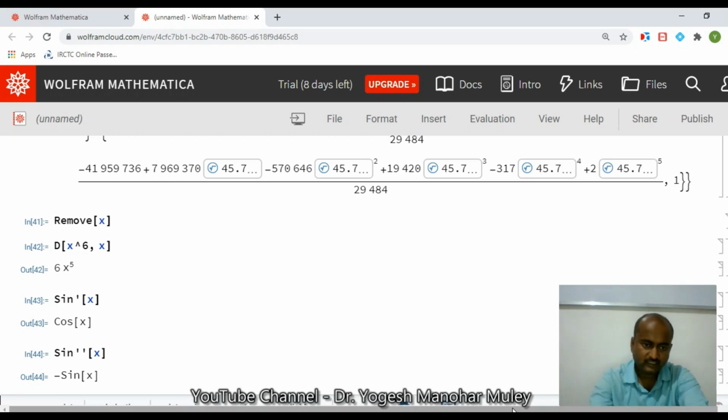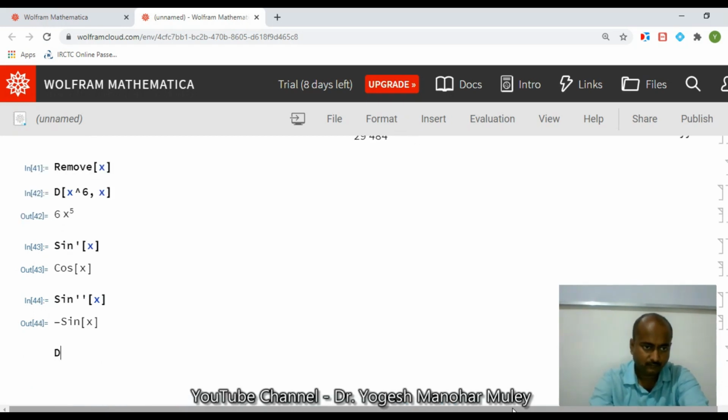Again, if we would like to calculate the derivative of x raised to 6 thrice, meaning we want the third derivative, we put x comma 3 in the bracket. This will calculate the third derivative of x raised to 6.